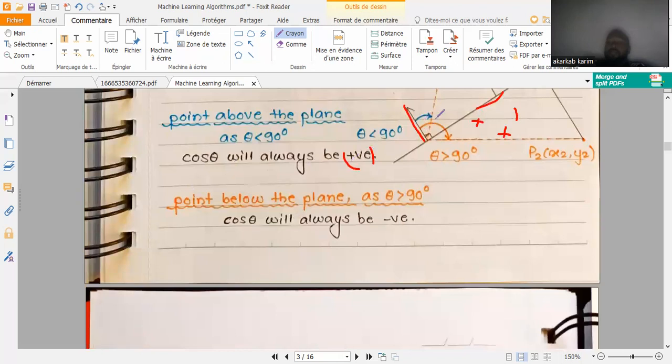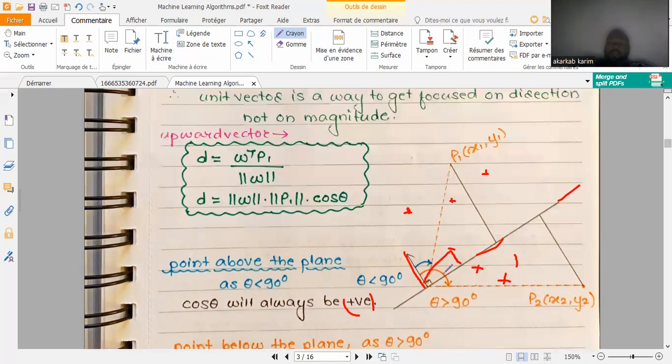For any point that we take here, after projecting the point, we calculate theta, the cos of theta. To calculate the cos of theta, we take this measure here divided by the projection. This divided by this will give us cos of theta.